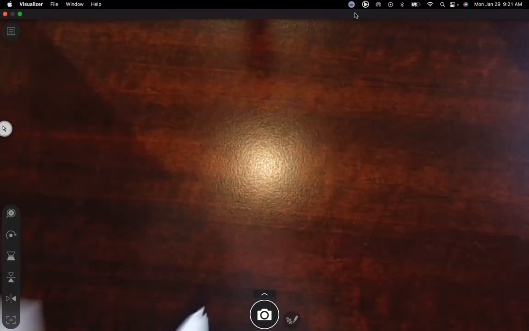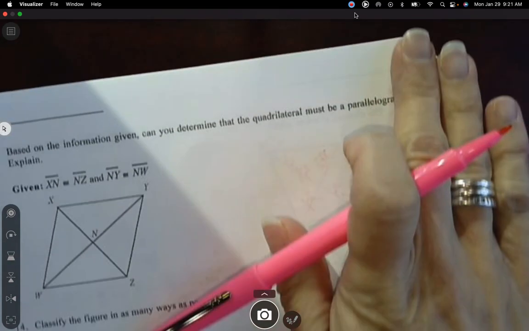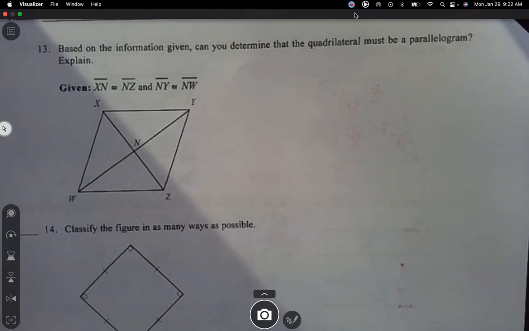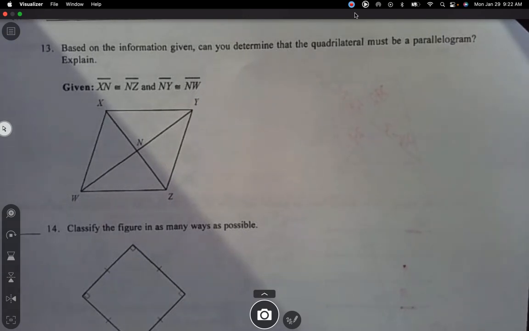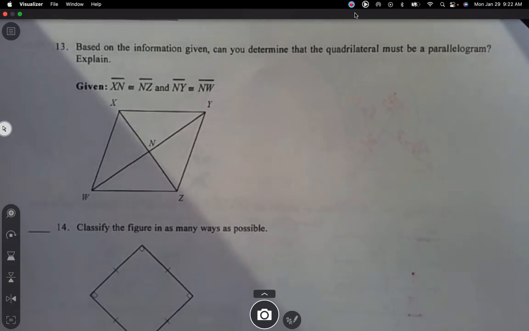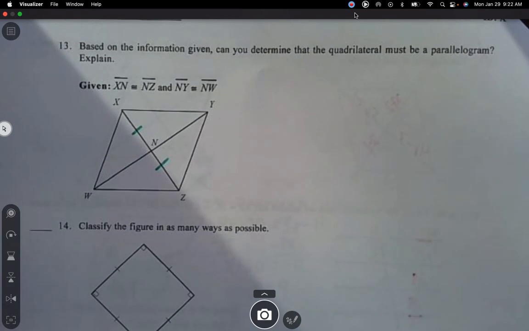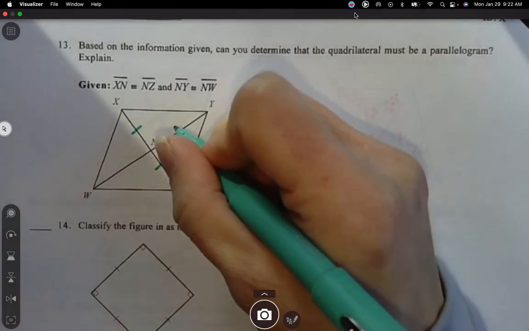Number 13. Based on the given information, can you determine that the quadrilateral is a parallelogram? So let me just write down what we have. It says XN is congruent to NZ, then NY is congruent to NW.